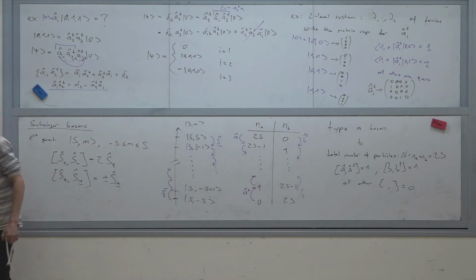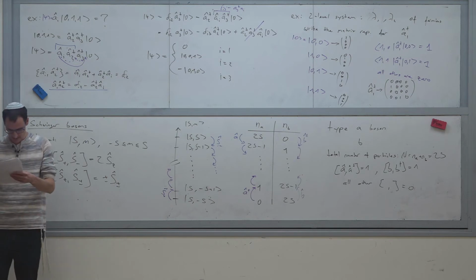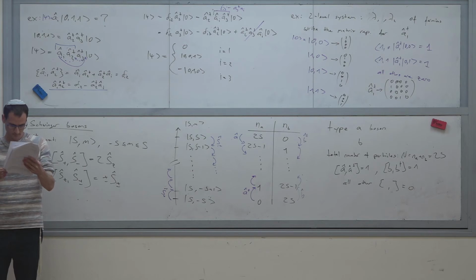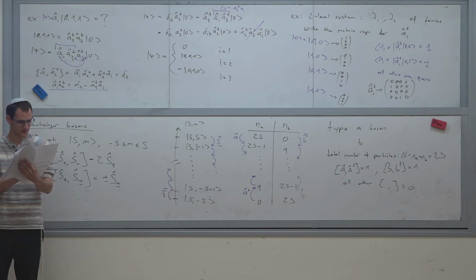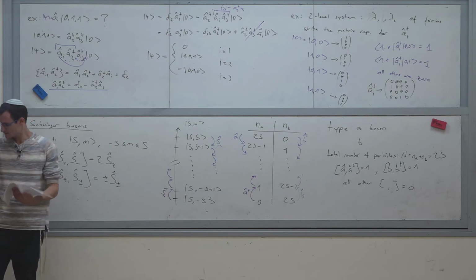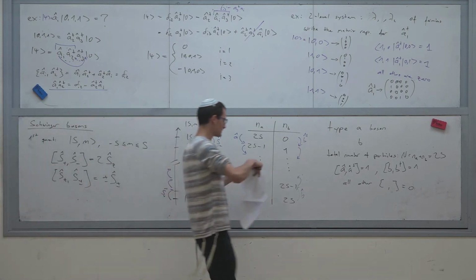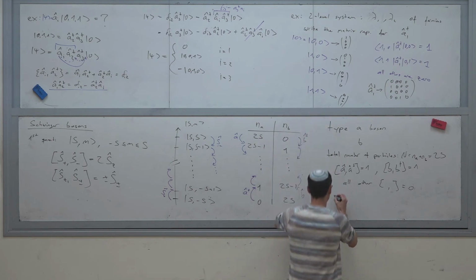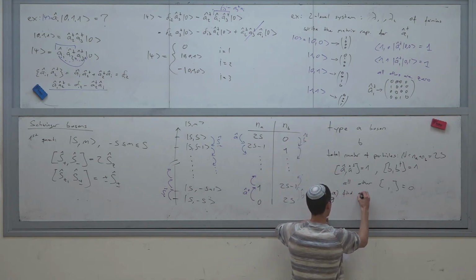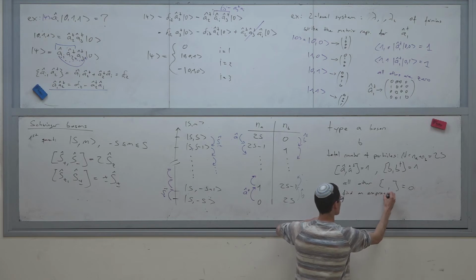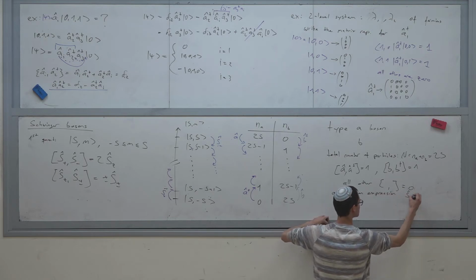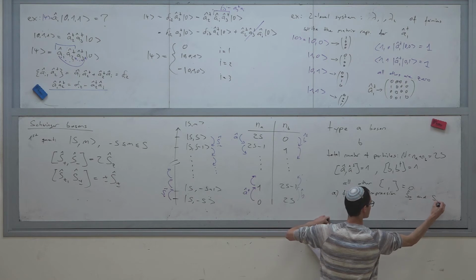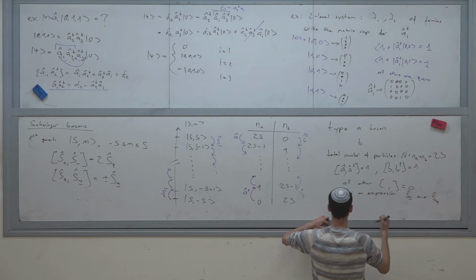So what we're going to do now as an exercise is find these operators. We want to find an expression for S plus, S minus and SZ in terms of the A's and B's.